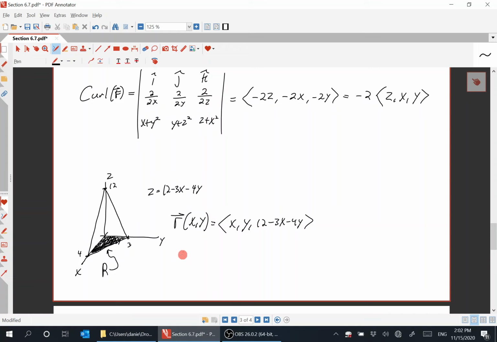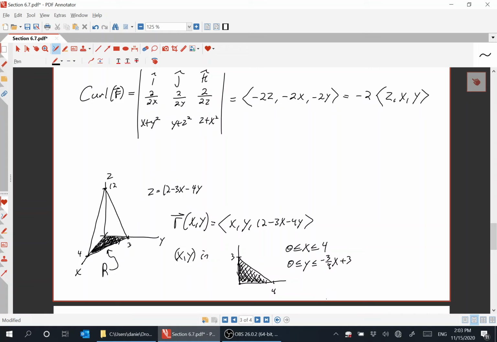For x, y in this region right here, so that's x out to 4, y out to 3. So that's 0 less than or equal to x less than or equal to 4, 0 less than or equal to y less than or equal to, well, the slope here is minus 3/4 x plus y-intercept c.